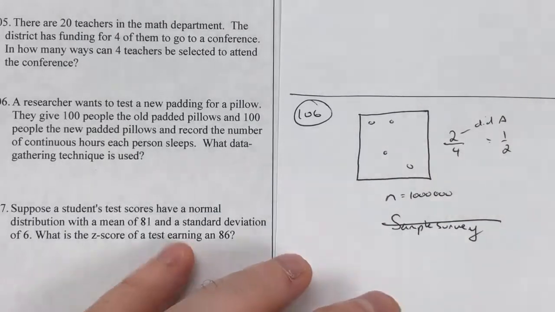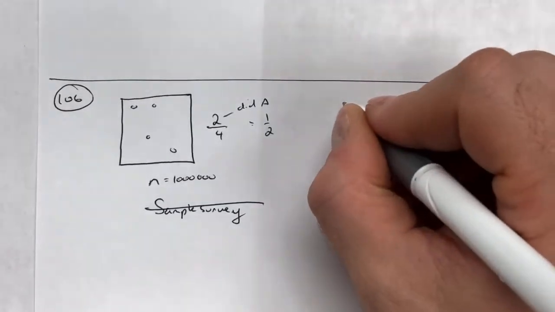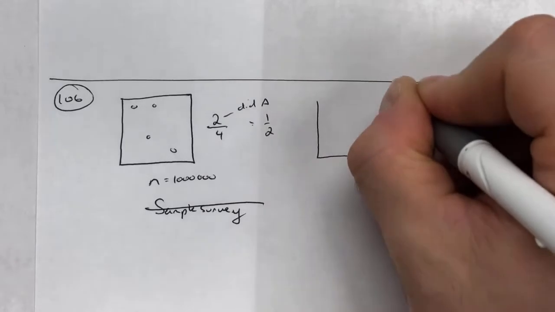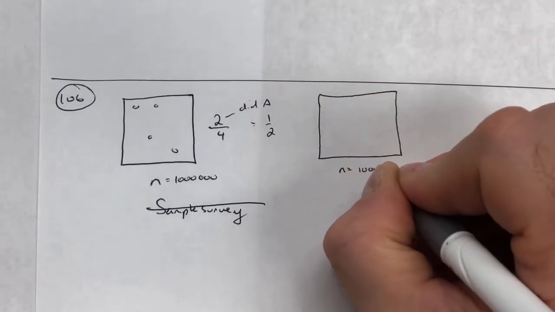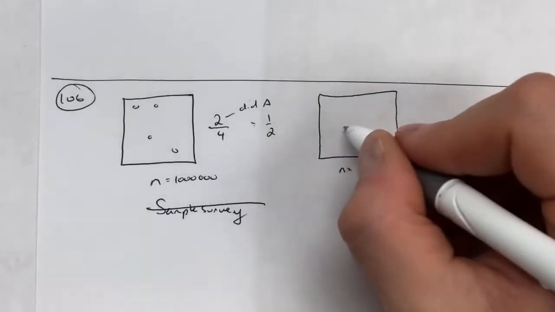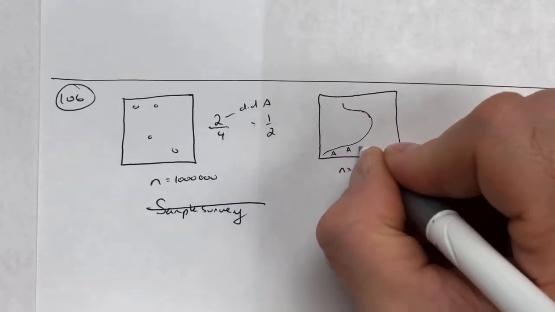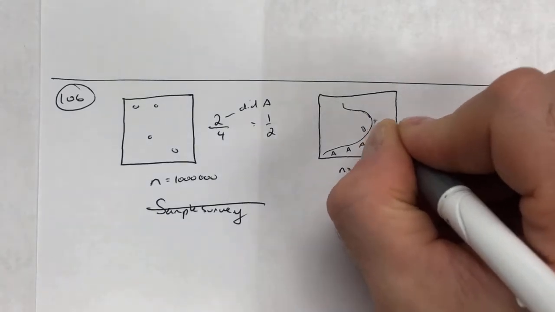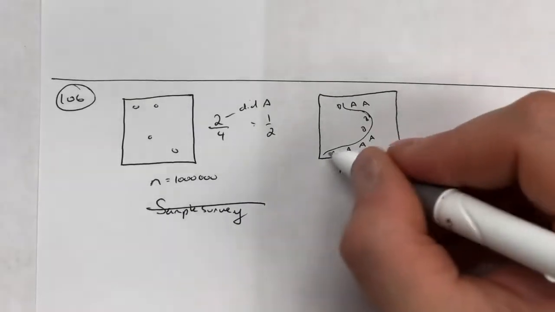Not a sample survey. We could look at the other one where we go through and we look at, let's say we have another million people, and I walk around and I say, hey, in this path I notice A, B, B, A, B, and I just wander around.